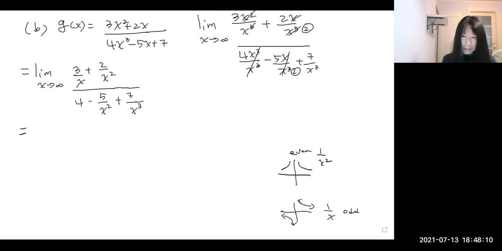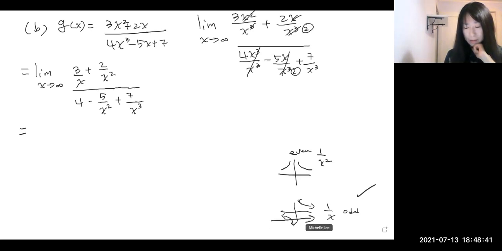Okay, then what do you get for this one? 3 over x when the limit of x approaches positive infinity, what do you get? Looking at this one, when x approaches positive infinity: zero.